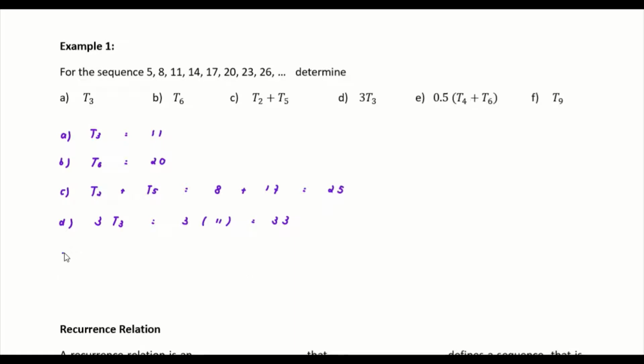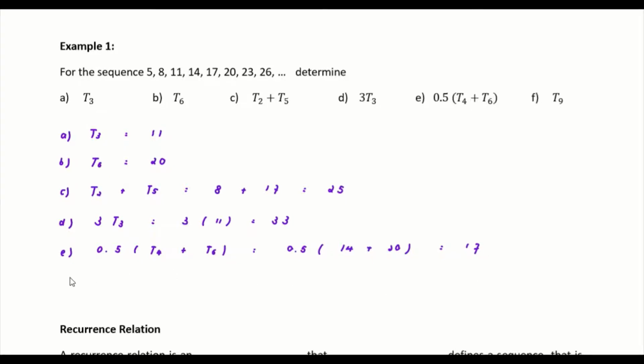Okay, and then move on to E. 0.5 times T4 plus T6. Remember what you need to do is just substitute the terms, right? So 1, 2, 3, 4, that's 14, and the sixth term is 20. So you get 34 times 0.5, which means half, so it's 17.